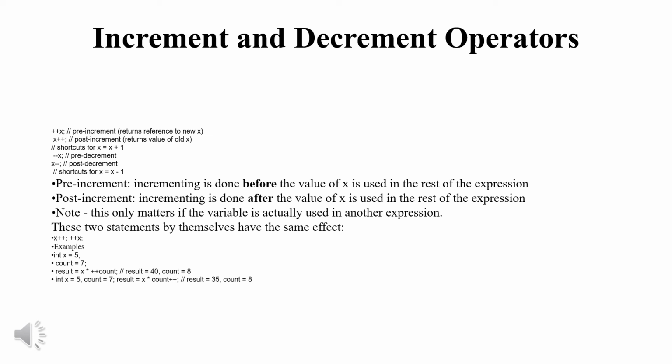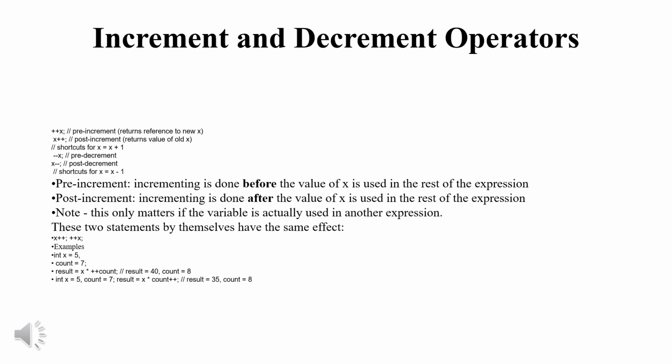So the result here would be x multiplied by count plus 1. So we have 5, right, multiplied by 8. So the result would be 40 and the count would be 8.